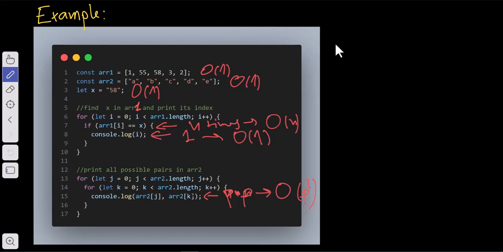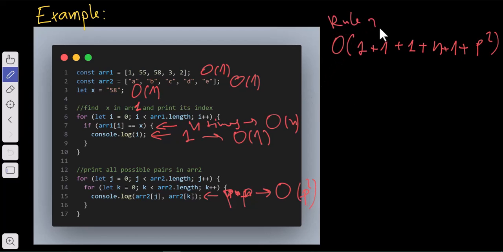So we will have something like the following: 1 plus 1 plus 1 plus n, this n plus 1 plus p square. This is by applying rule 2.